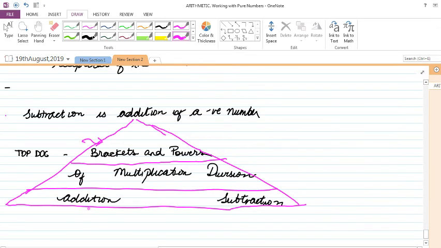When I'm working on a problem, after going through the first phase, there will be no more brackets and powers in the problem. Then I will do all the multiplications and divisions, and finally all the additions and subtractions. Now, I'm going to write a sum on the board, and I want you to understand what's actually taking place.